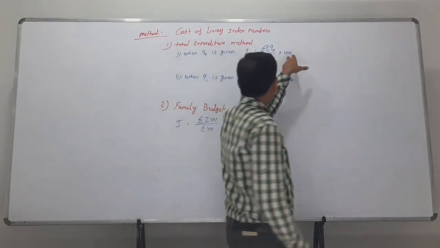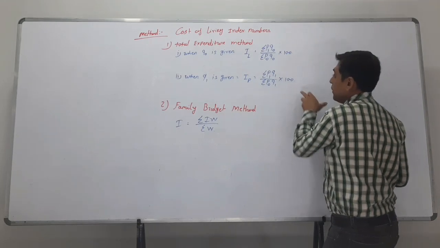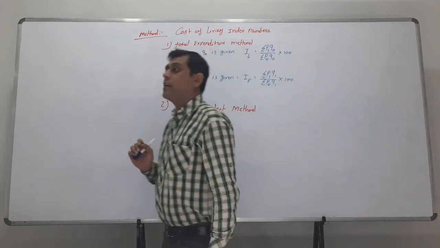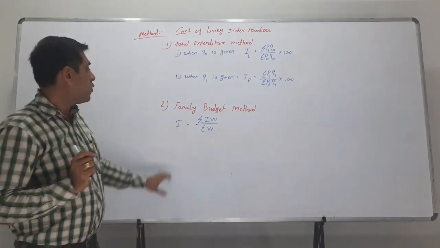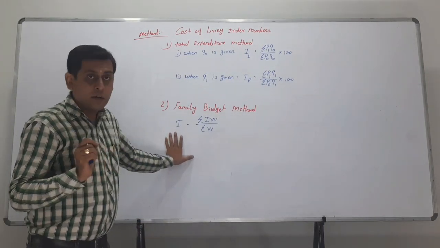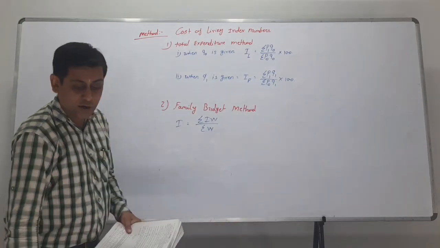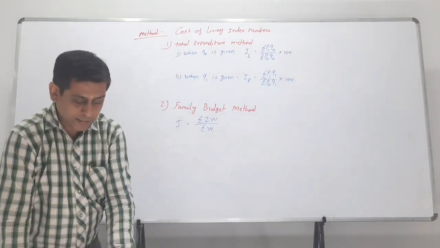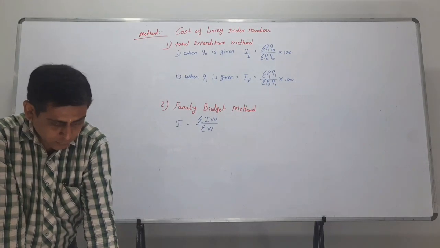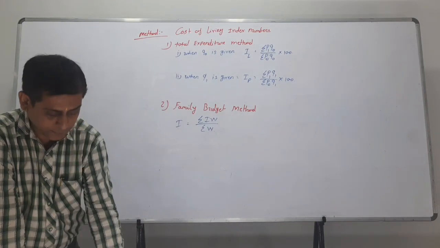In all other formulas we have to multiply by 100. But in family budget method or in weighted average method, we don't have to multiply by 100. Okay, so here are the formulas. First of all, write down all the formulas in your example book.